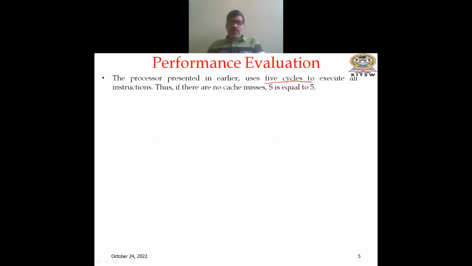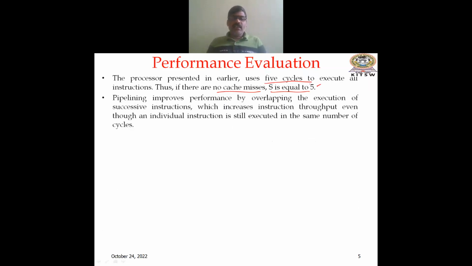So if there are no cache misses, then S is equal to 5, because 5 clock cycles are required to execute that particular instruction completely.